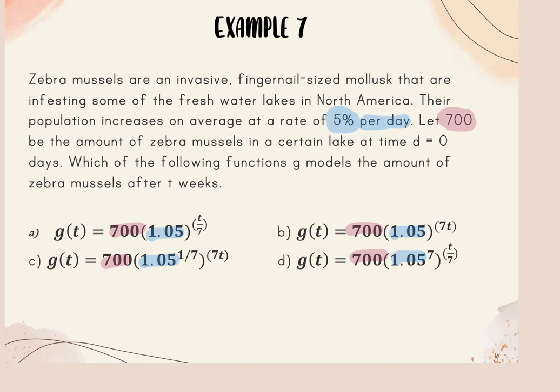So now it's going from days to weeks. How many days are in a week? 7. So if I want to convert from days to weeks, I'm going to multiply by the 7. I'm raising it to the 7th power and then raising it to the T power, and when we multiply that, you get 7T. If it was the other way around, if it had said how many per week and it wanted it per day, then it would be the reciprocal, because you'd be dividing the week by the number of days.